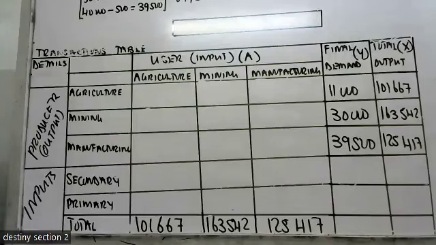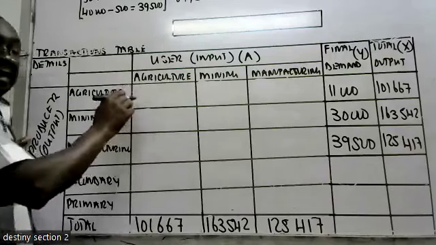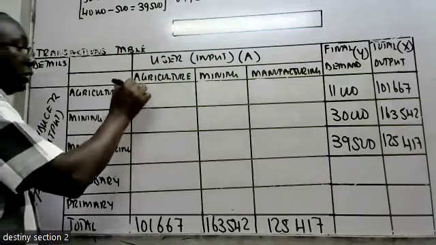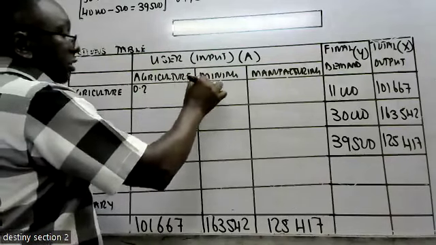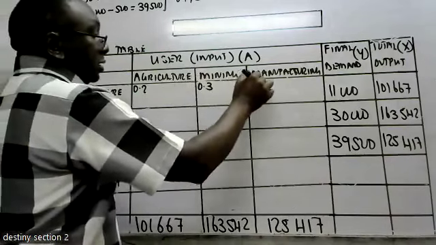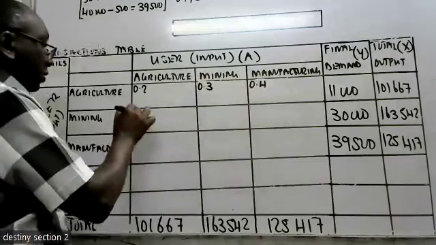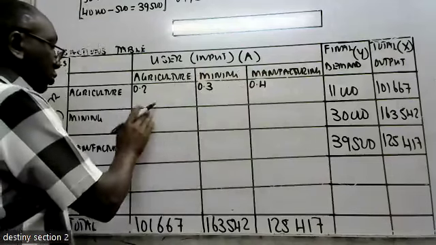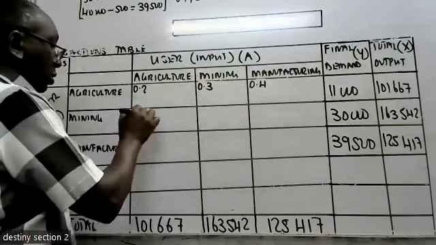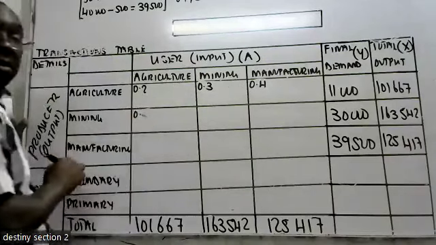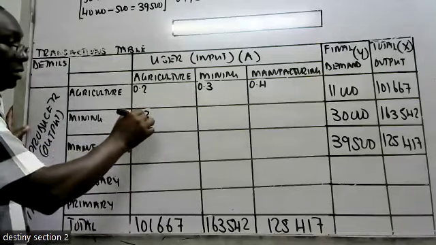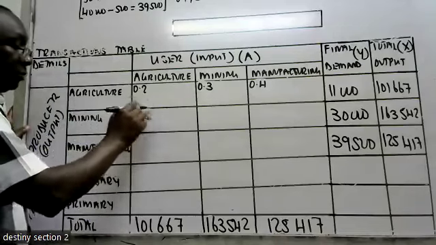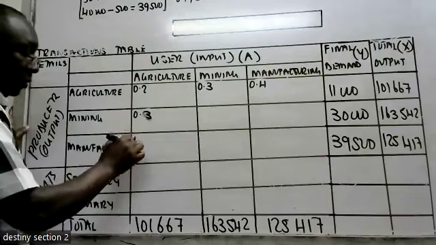Now I want you to read me the ratios that we had in matrix A. This one was 0.2, here 0.3, and this one was 0.4. Then here 0.2, going downwards that's 0.3, then 0.4.